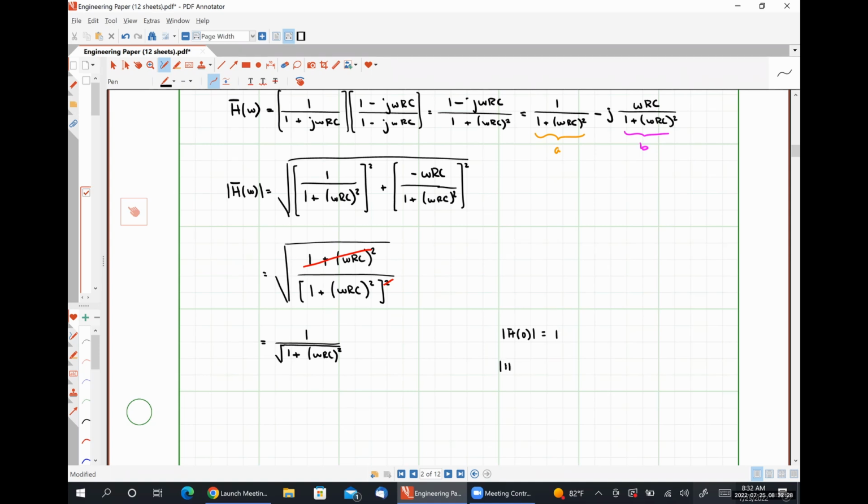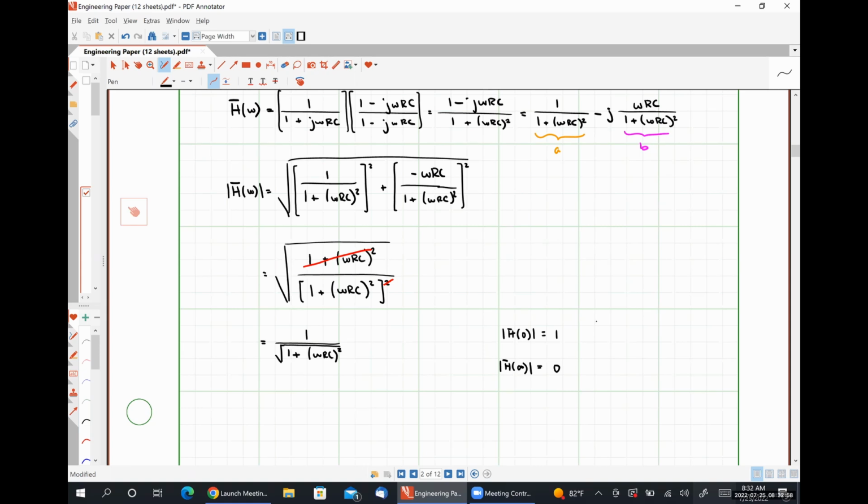Now we're going to look at things when our frequency is infinity. Okay. So when our frequency is infinity, we're going to have the square root of 1 plus infinity squared, which looks like the square root of infinity squared, or infinity. Well, 1 over infinity is effectively 0.